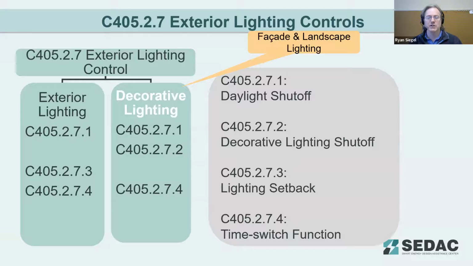The only provisions that are different between the two is decorative lighting has one set of requirements for setback, and then if it's non-decorative lighting, that has a slightly different set of provisions for it. So there's pretty much the three types. Everything needs daylight shutoff and time switch function, and then your setback is just your other one to determine.